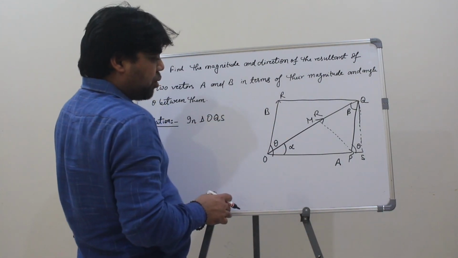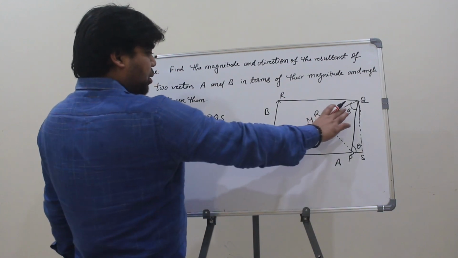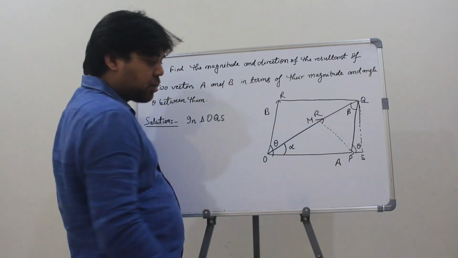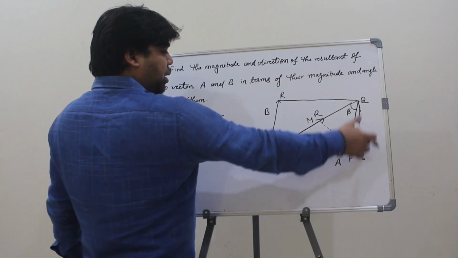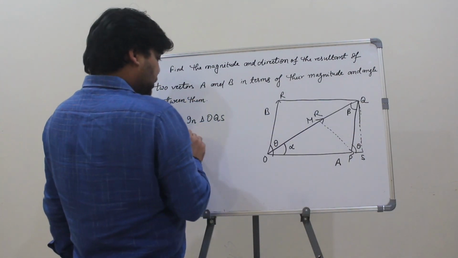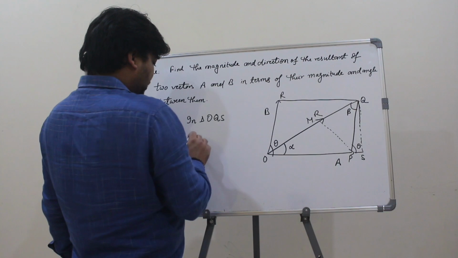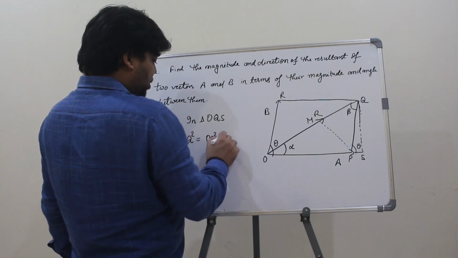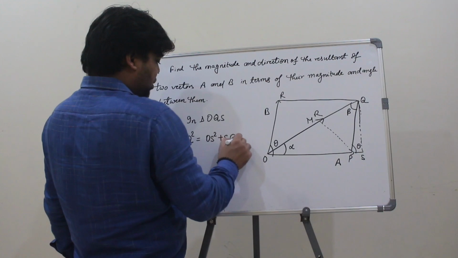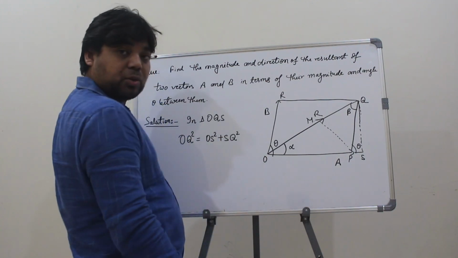In triangle OQS, by using the Pythagoras theorem, OQ square is nothing but OS square plus SQ square.